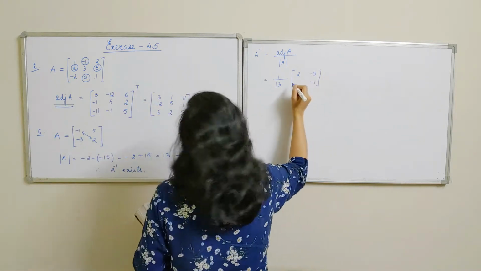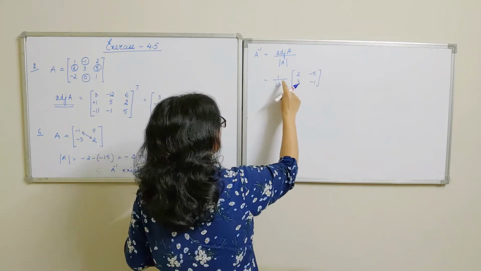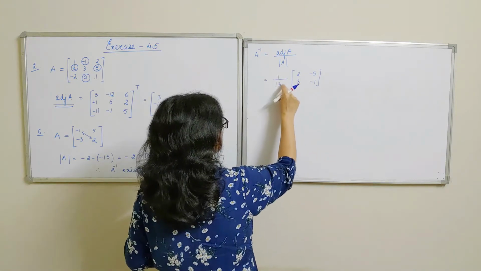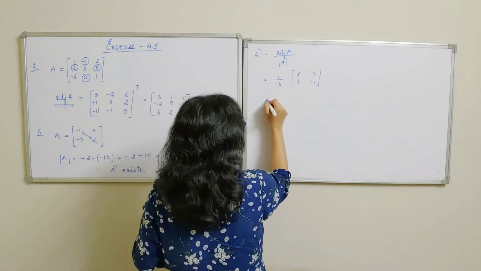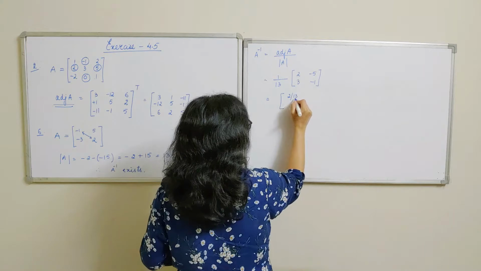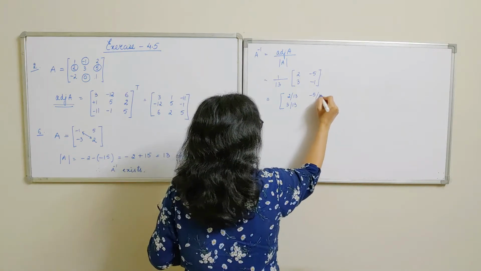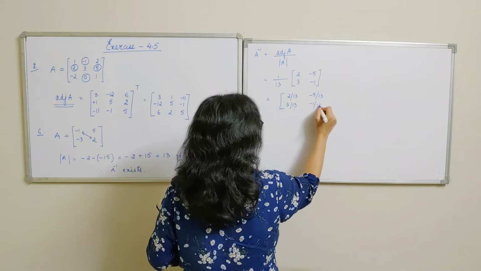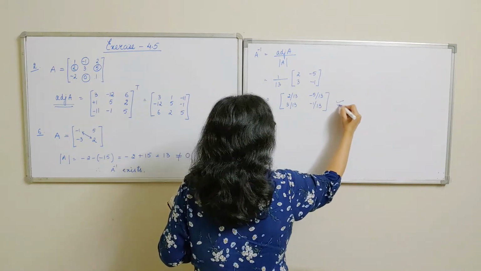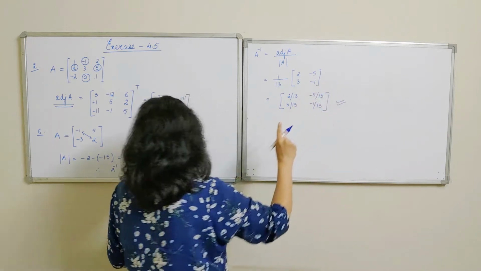So it is minus 5 and positive 3. So this is the adjoint matrix divided by the determinant, and hence this is equal to the matrix with these elements. This is basically an optional step. We can leave our answer at this step as well.